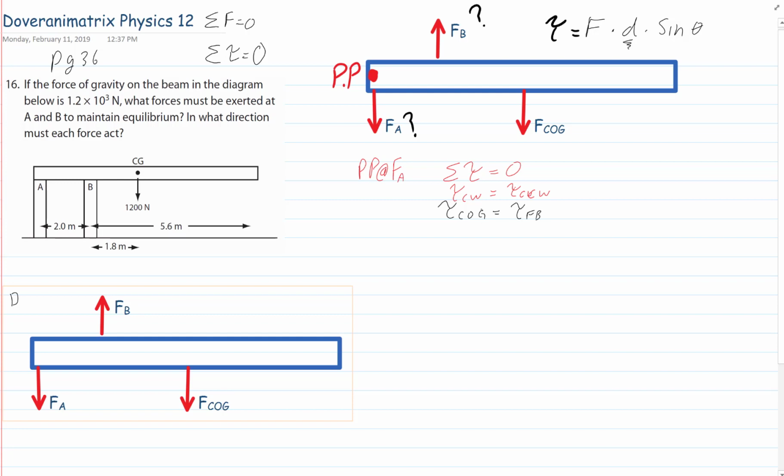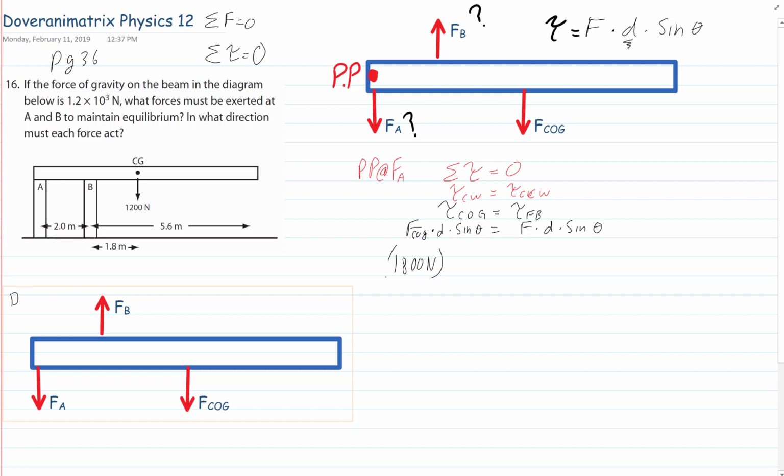So we need now some distances and some forces. So this is going to be force times distance times the sine of theta is equal to the force times the distance times the sine of theta. And this is the force of the center of gravity. So that's why I'm going to write down 1800 newtons.